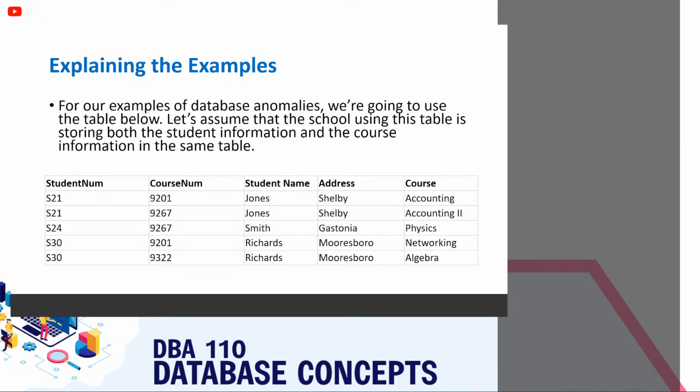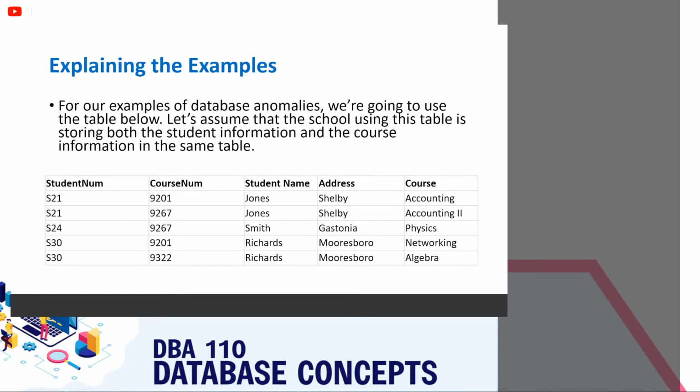So the idea here is that as we work through this little table of classes, we can work through these different anomalies and see how they impact a table that is not normalized.